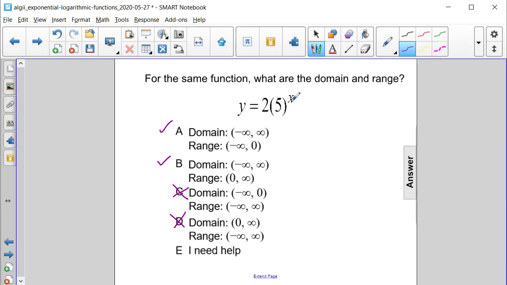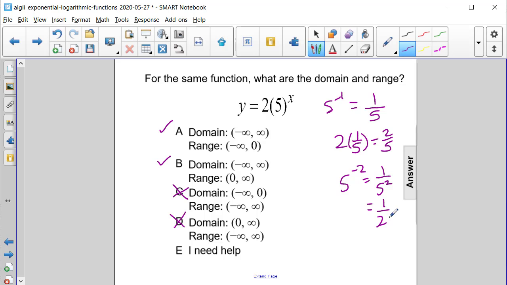If I go 5 to the negative 1, it would be equivalent to 1 over 5, and then 2 times 1/5 would give me 2/5. Okay, let's try 5 to the negative 2. That would be 1 over 5 squared, which is then 1 over 25.